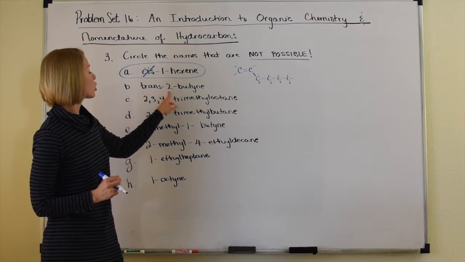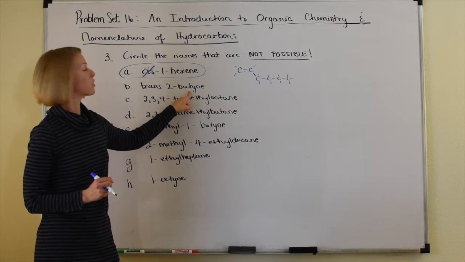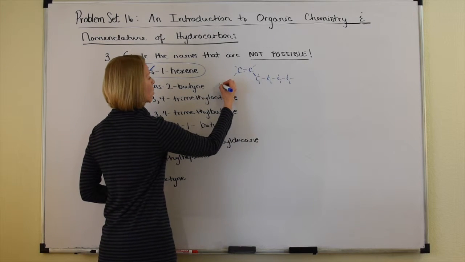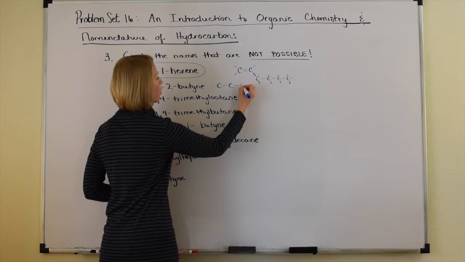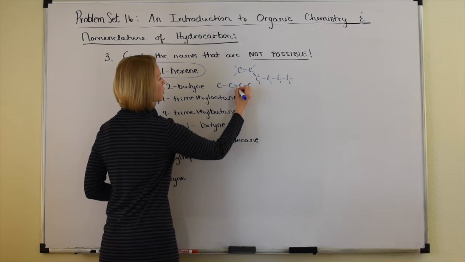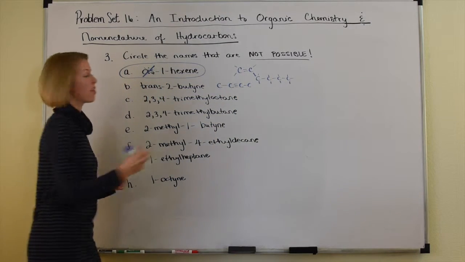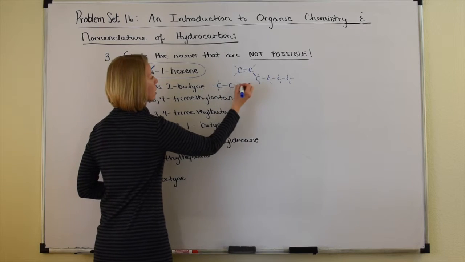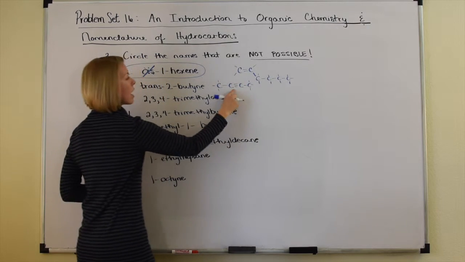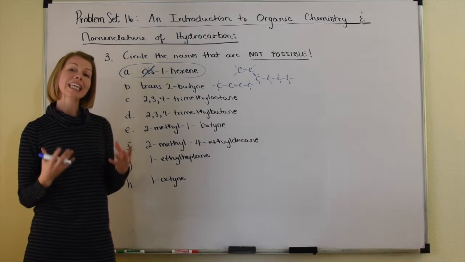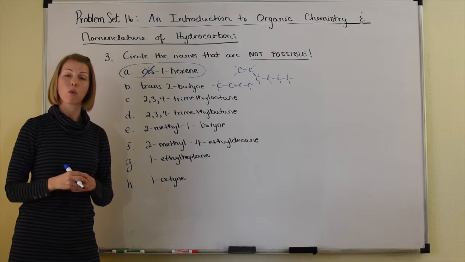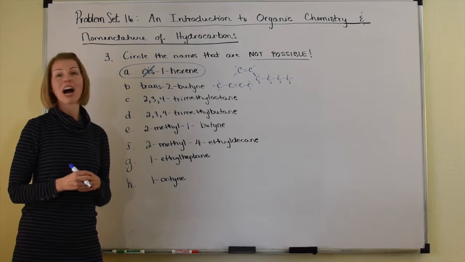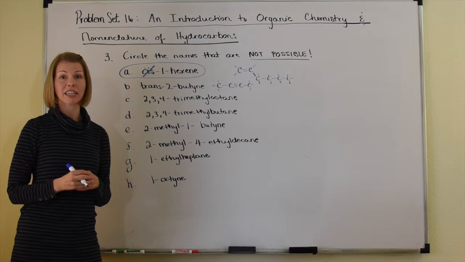All right, trans 2-butyne. So here we're talking about an alkyne with 4 carbons with a triple bond between the second and the third. And remember that only alkenes have the potential for cis-trans isomers. Alkynes and alkanes will not.